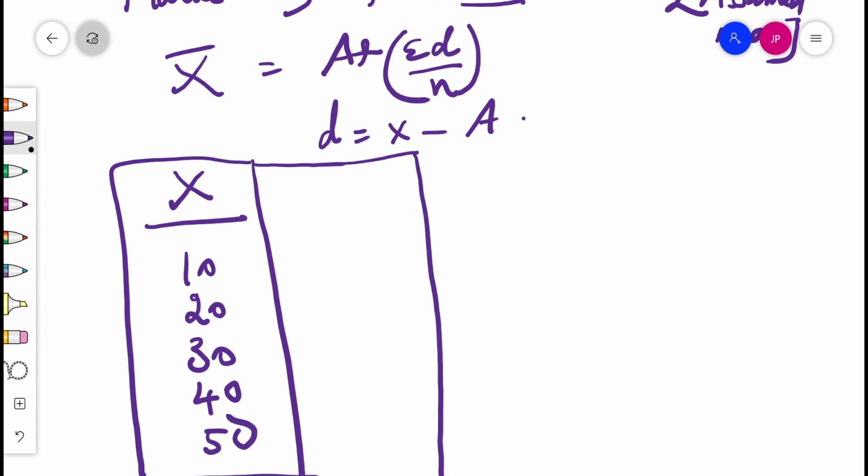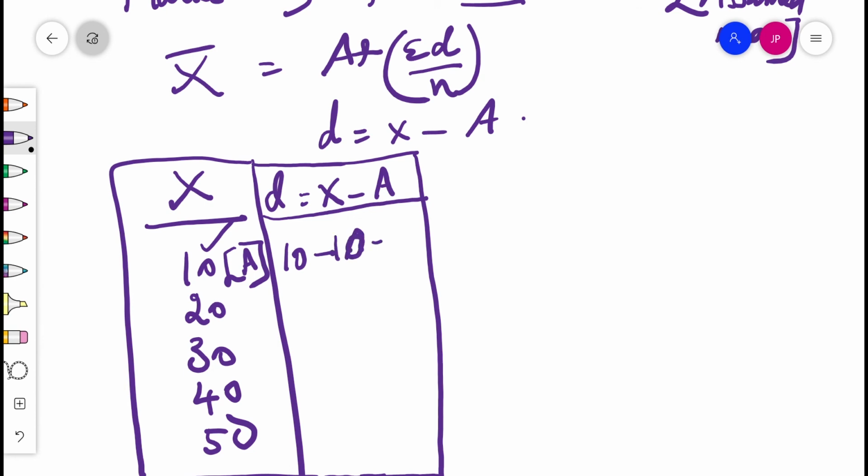What's the next step we want? That is d equals x minus A. I am assuming A as 10. The first item is 10, then the assumed mean A is 10. So 10 minus 10 equals 0. The next item is 20 minus 10. What is the answer? Yes, 10.